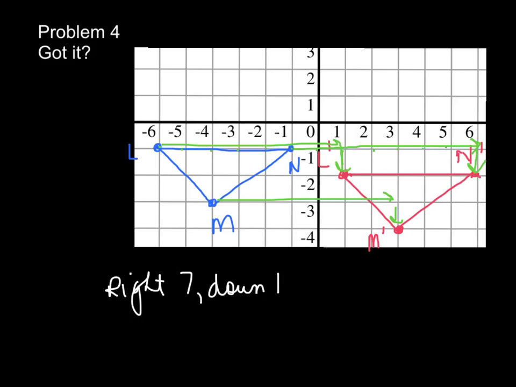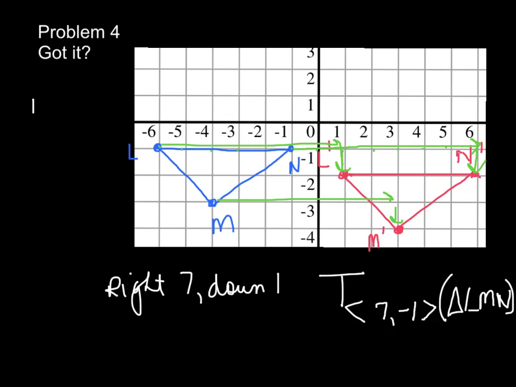So your rule would be a translation, and we went right 7, down 1. And that transformation was of triangle LMN.